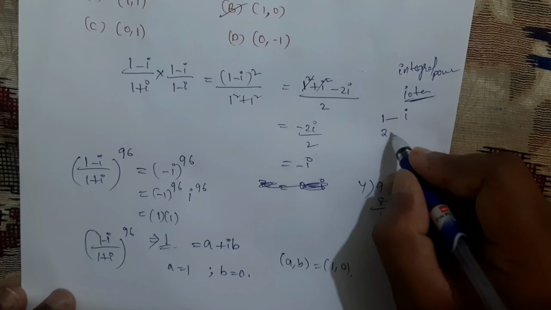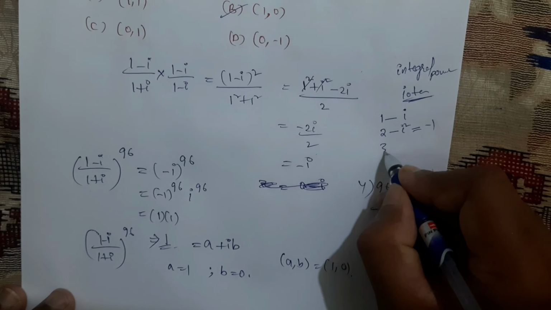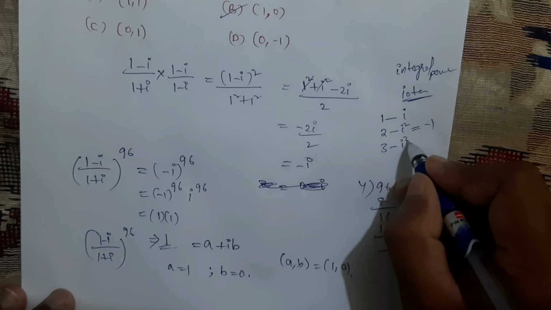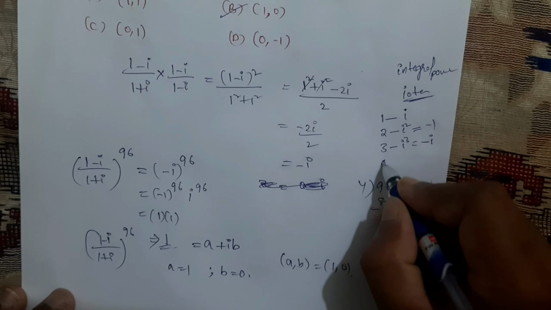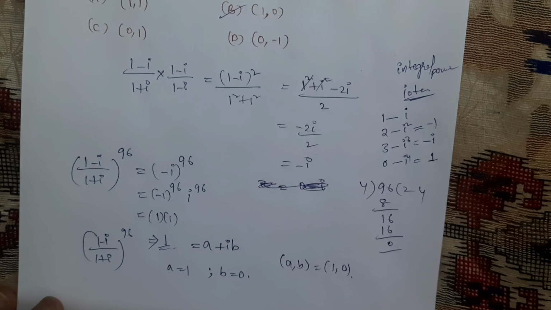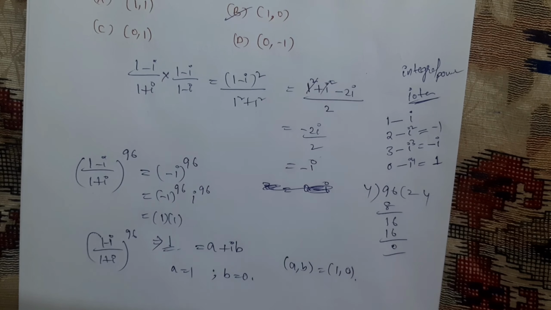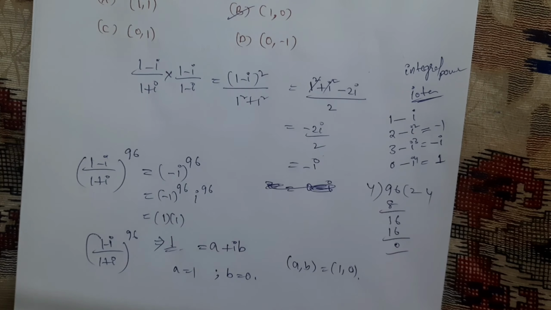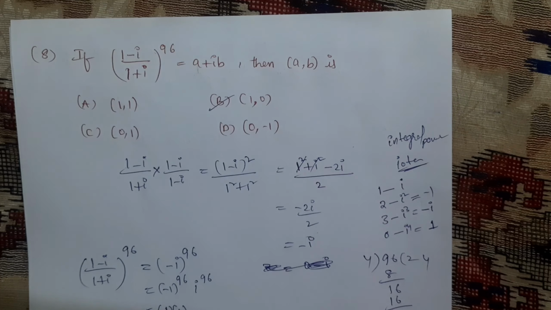If we get remainder 2, that means the value is i square, nothing but minus 1. If the remainder is 3, nothing but i cube, that value is minus i. If we get 0, that means i power 4, nothing but equal to 1. Okay, remember this. Then we can simplify these iota values. So here the option is 1 comma 0. See students, these types of problems are also very important. Keep an eye on that.